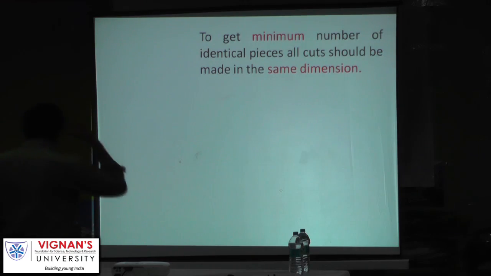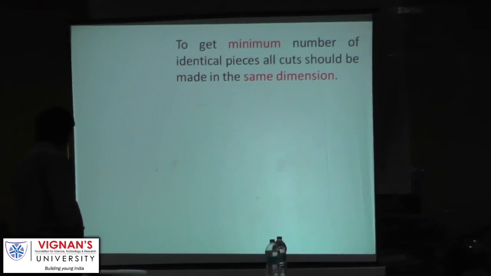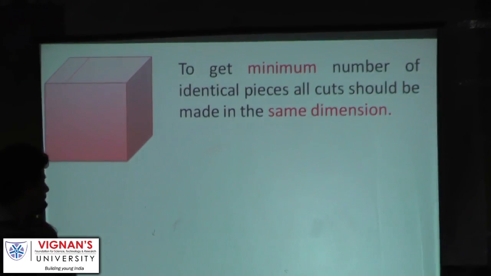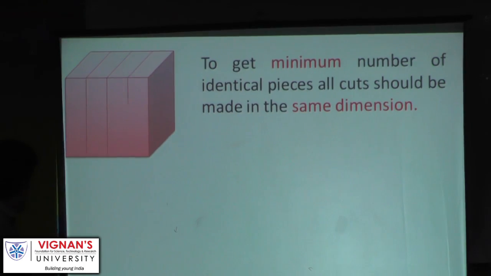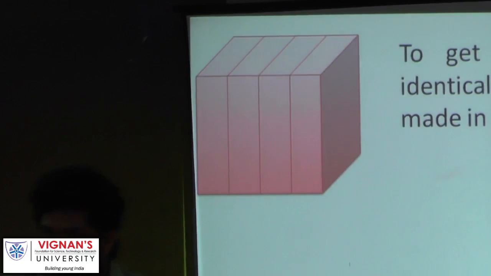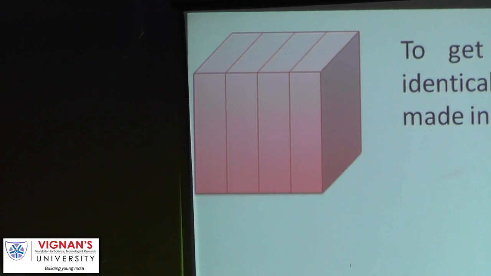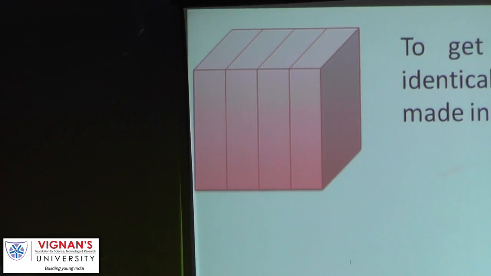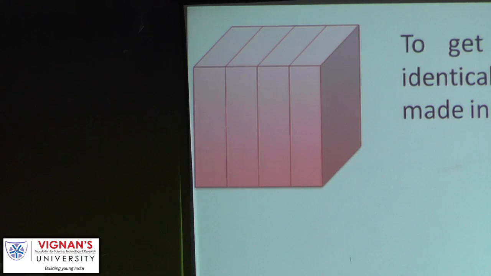What I mean to say is like this. Suppose you are given 3 cuts. If you make 3 cuts on the same dimension, how many pieces are there? So if you have 5 cuts, n cuts, what is the minimum number of identical pieces we get? Number of cuts plus 1. That is the minimum. We could generalize it. Do you follow?